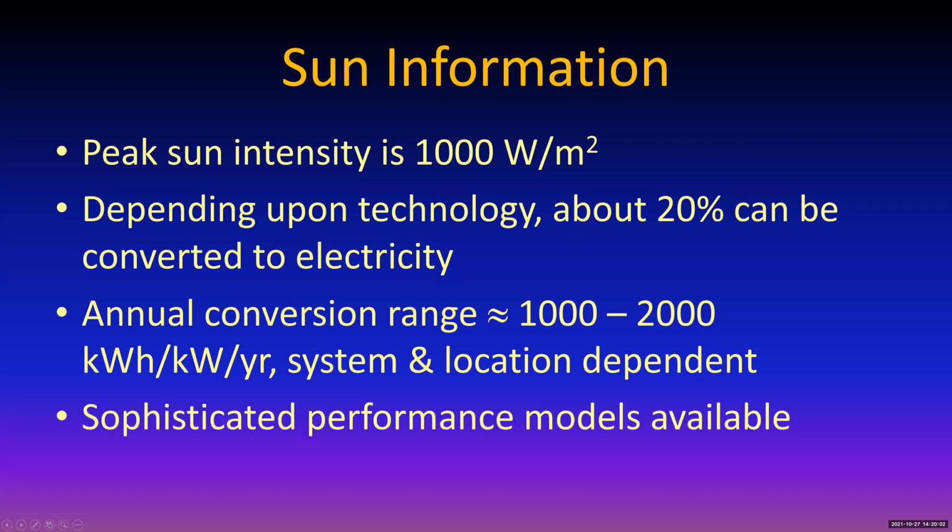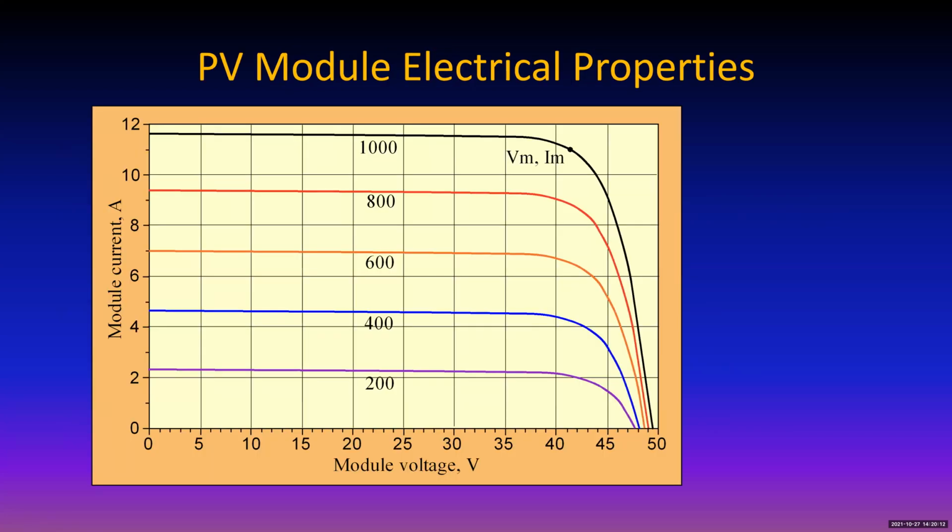There are some very sophisticated performance models out there that can help you with this, and there are some that you can download for free. The one in particular that I like is the model from the National Renewable Energy Lab. It's called the System Advisory Model, SAM.